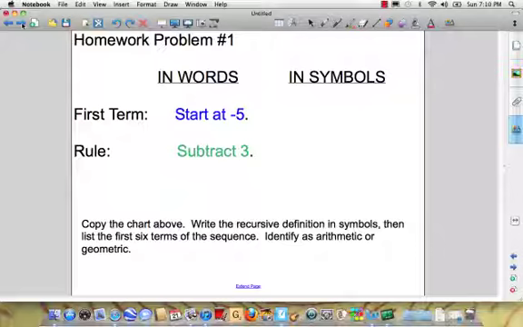How would you express or define this sequence with symbols, just like the previous example? Once you've done that, please go ahead and list the first 6 terms of the sequence and then identify it as arithmetic or geometric. Okay, if you need more time copying that, please pause the video now because I'm going to the next screen.